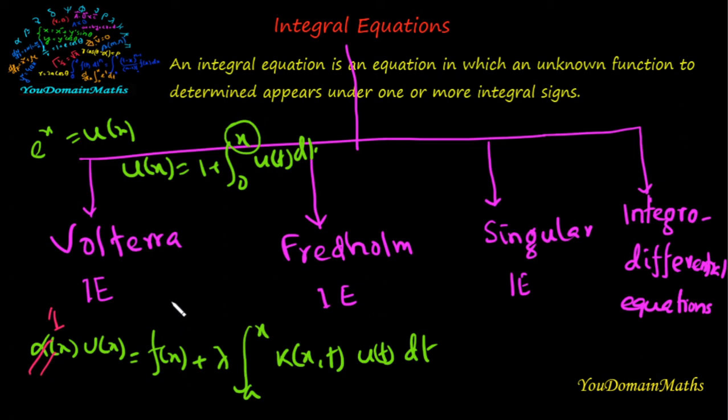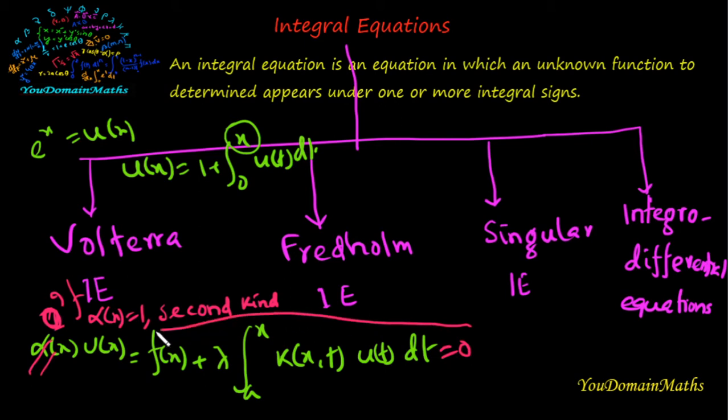So if alpha(x) equals 1, then it is the second kind. When alpha(x) equals 0, then the equation can be written in this form, and this time the equation is called the first kind of Volterra integral equation.